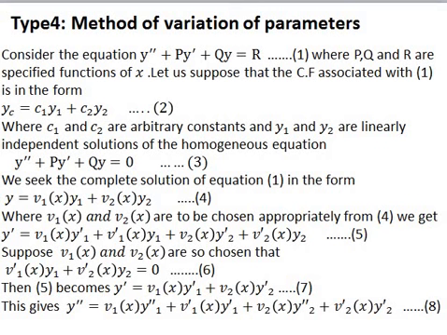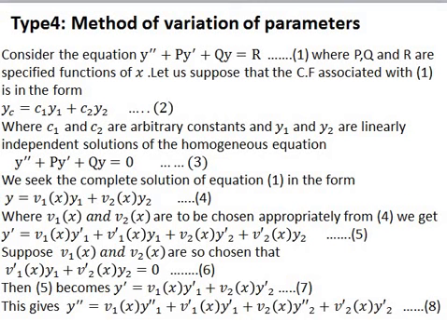Consider the equation y double dash plus p into y dash plus qy is equal to r. We call it equation 1, where p, q and r are specified functions of x. Let us suppose that the complementary function associated with equation 1 is in the form yc is equal to c1 y1 plus c2 y2.